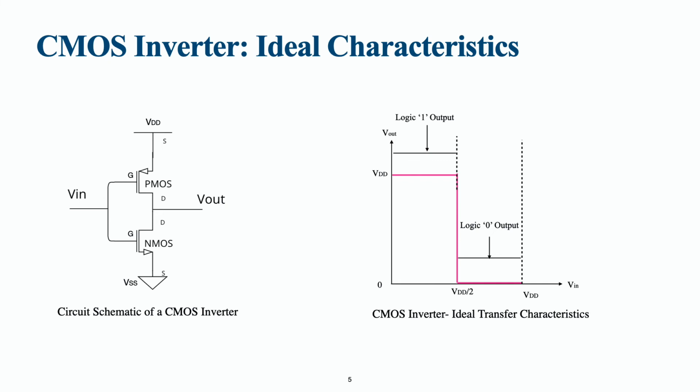After some time, when your input is gaining higher voltages, when it reaches VDD, obviously your output should go low. That is logic 0. So both have been verified with your characteristic curve. This figure shown in the slide is your ideal transfer characteristic curve.